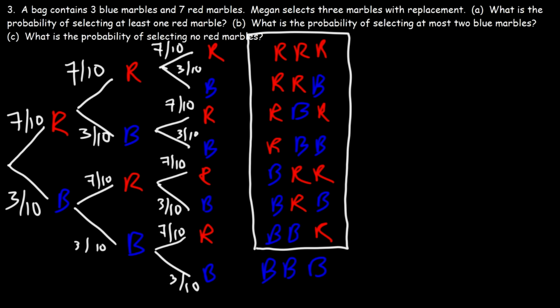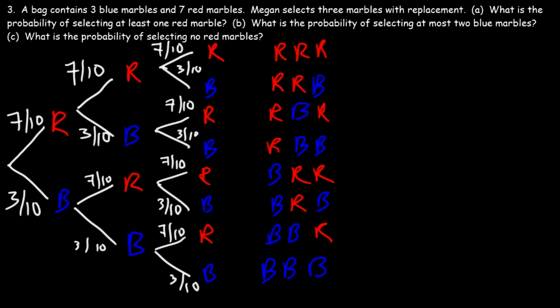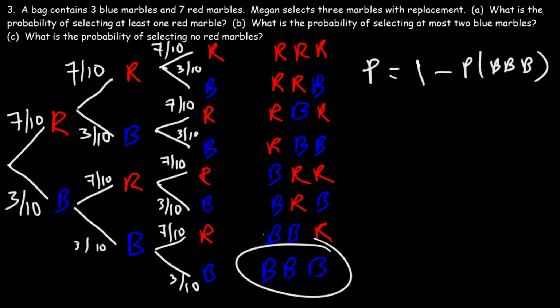So now we can add up the probability of each of these 7 events occurring, or we could say that the answer is equal to 1 minus the probability of this occurring. So the probability of selecting at least 1 red marble is equal to the probability of not getting 3 blue marbles.